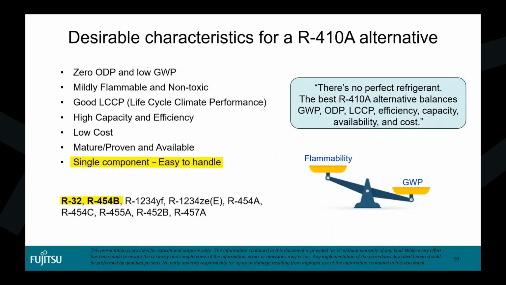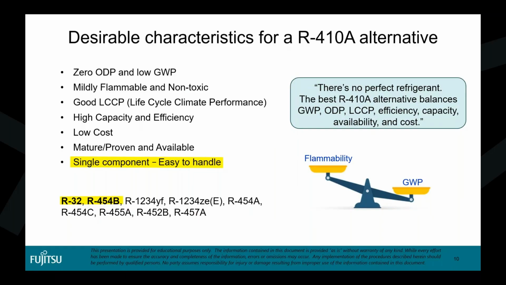There is no perfect R-410A alternative out there. You have to find something that's a compromise, a balance between GWP, ODP, and also efficiency, capacity, availability, and cost. You can see the list there on the left, what needs to be considered here, and R32 is really good for all these, but one item where it stands out is the bottom one.